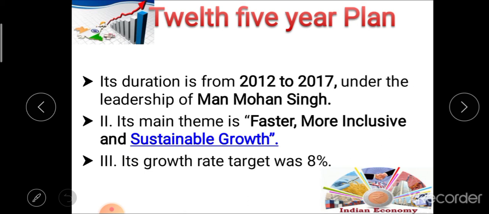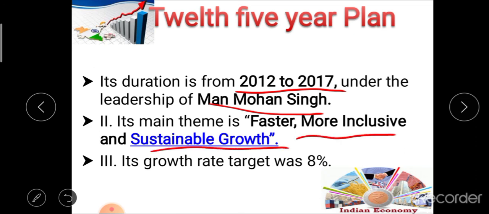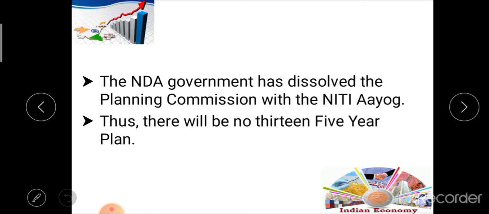The duration of the twelfth 5-year plan was 2012 to 2017 under the chairmanship of Manmohan Singh, and the main theme is faster, more inclusive and sustainable growth of India. The growth rate targeted was near about 8% during the twelfth 5-year plan.